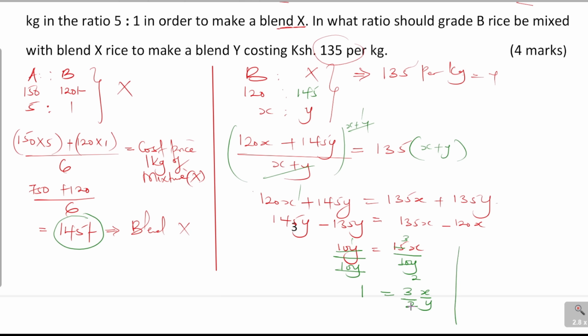From here, you can make x over y the subject by multiplying both sides by the reciprocal of 3 over 2, which is 2/3. So x divided by y will give 2 over 3.